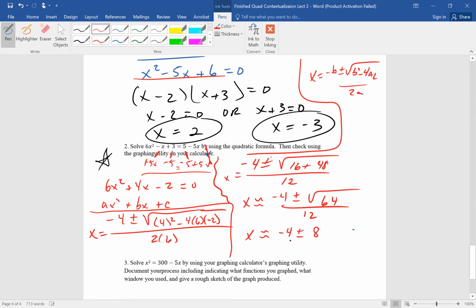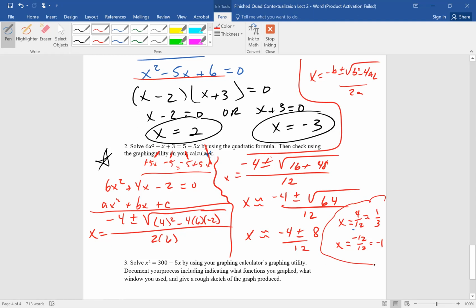I hope you all can follow along. And again, you have two answers. Negative 4 plus 8 is 4 all over 12, so you can say 4 twelfths or 1/3. And if I do negative 4 minus 8, you have negative 12 over 12 or negative 1. Those should be your two answers if you were to use the calculator.